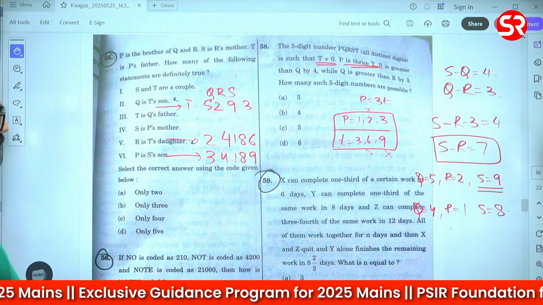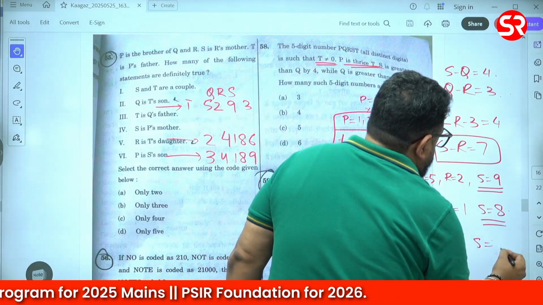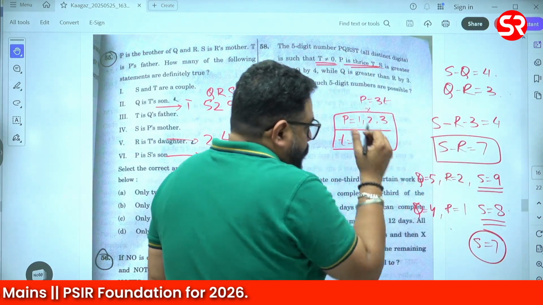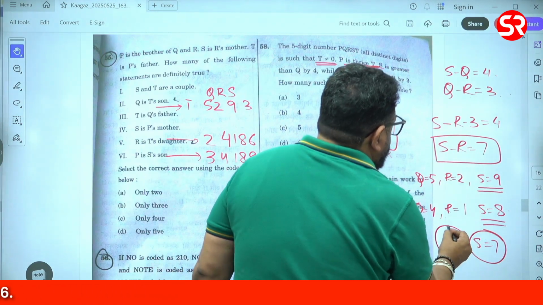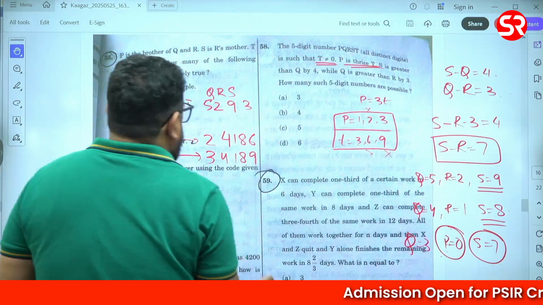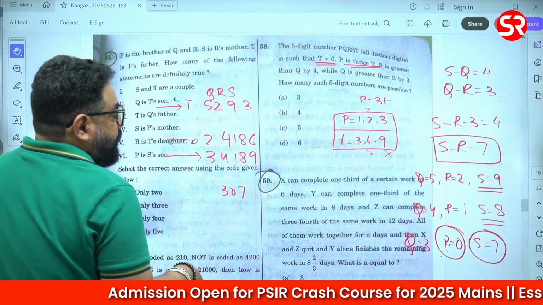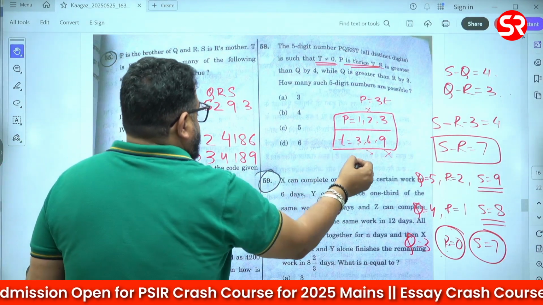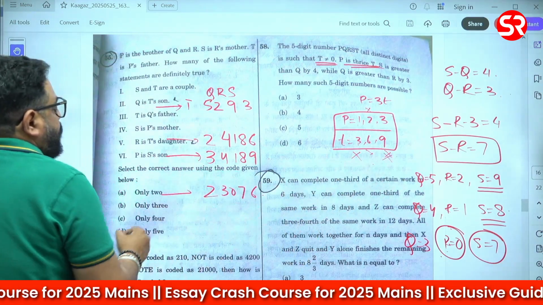उसके अलावा, right, let's see, if I take S is equal to 7, तो R क्या हो जाएगा, R is equal to 0, right? If R is equal to 0, Q is equal to 3, तो ये आ जाएगा आपका 307. 307 भी कितना चल रहा है, 1 and 3 नहीं चलेगा, 2 and 6 चलेगा, 3 and 9 चलेगा, ये चौथा वैल्यू आ गया.